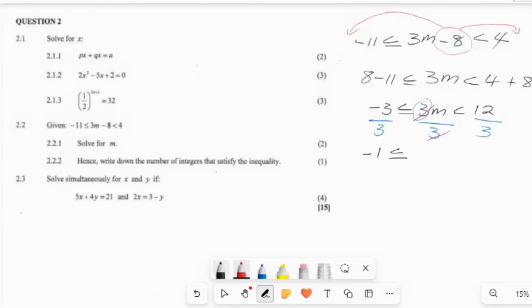Then we are now left with m, which we are solving for, and 12 divided by 3 equals 4. Now we have solved for m because the aim was to leave m alone, and it's now alone in the middle. So we have solved that one so easily.